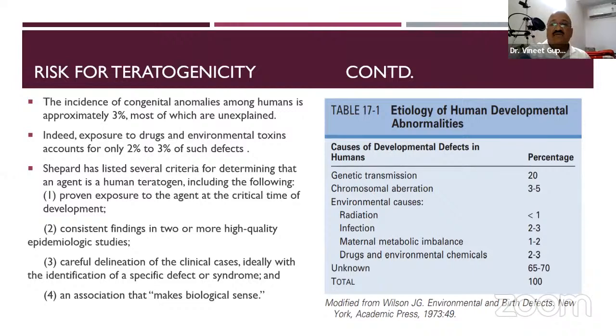Only these criteria will tell us whether a particular drug is a teratogen or not. 1, proven exposure to the agent at the critical time of development. 2, consistent findings in 2 or more high-quality epidemiological studies. 3, careful delineation of the clinical cases, ideally with identification of a specific defect or syndrome and an association that makes biological sense.